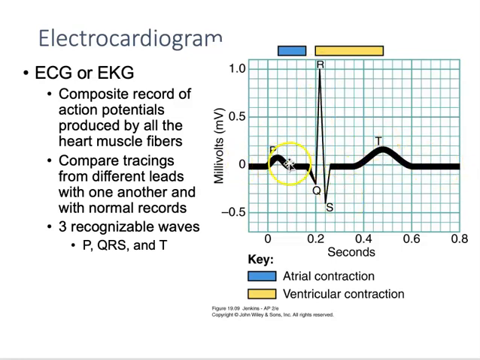Our three main waves are the P wave, the QRS complex, and the T wave. Hopefully you'll notice that the electrical signal is followed shortly after by the actual muscle contraction. So we have the signal and then the contraction occurs. Again, you have to have the signal before the muscle can react.